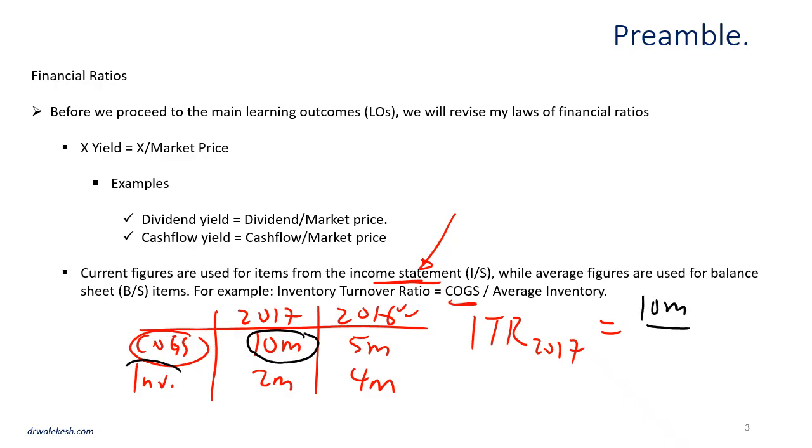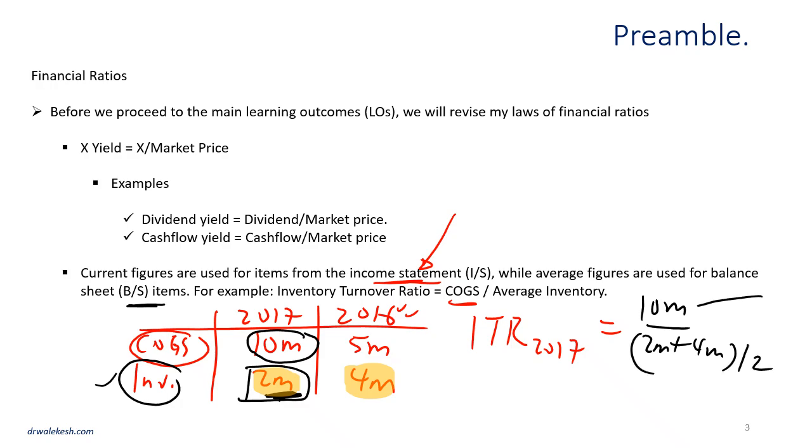But the inventory we have here is coming from the balance sheet. The balance sheet shows items at a particular point in time. That implies that we cannot make use of this figure directly. So what we would do is to find the average. So it will be this plus this divided by 2, and that will be 2 million plus 4 million divided by 2.